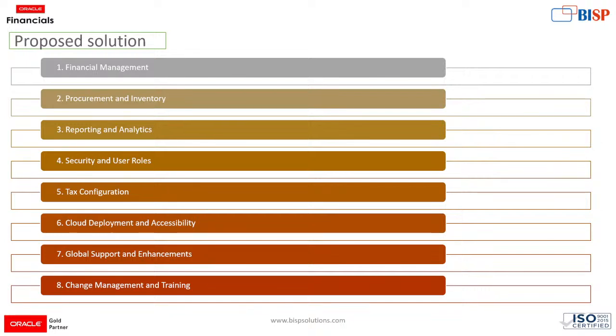Oracle Inventory, on the other hand, enables the business to manage their inventory efficiently. This includes setting up inventory items, locations, and inventory valuation methods. The inventory management functionality offered by Oracle Fusion is designed to ensure accurate stock control.